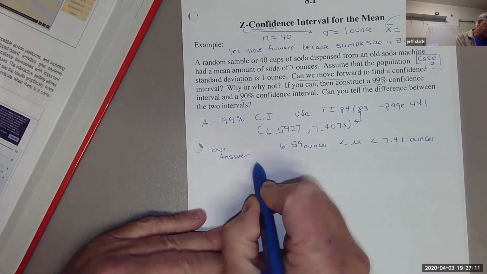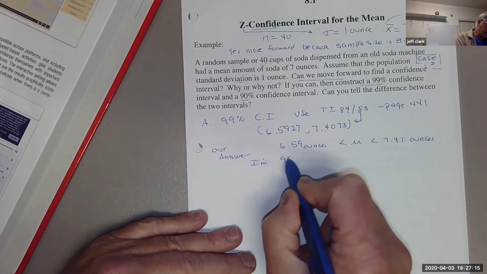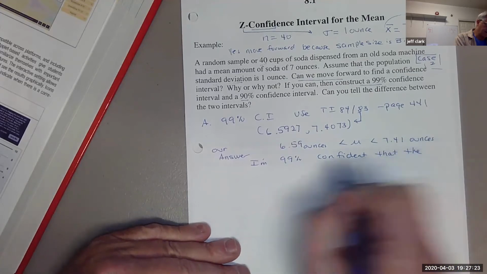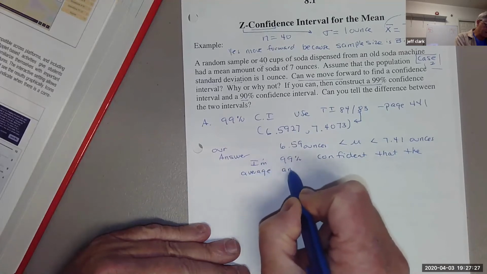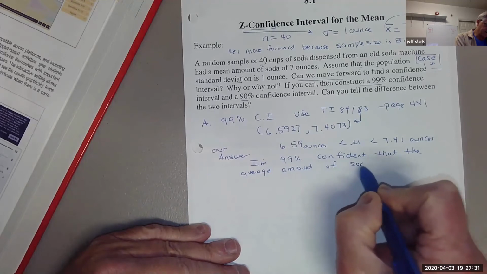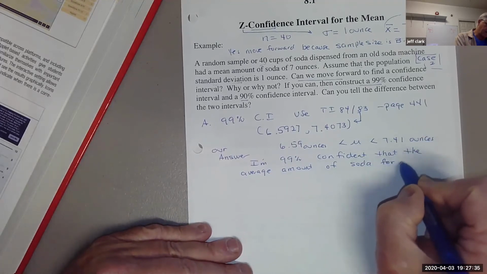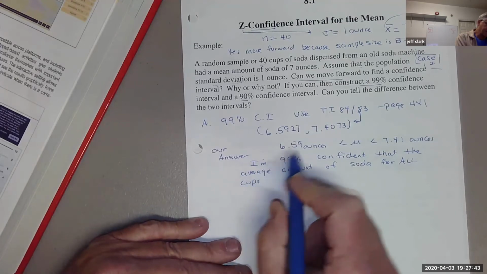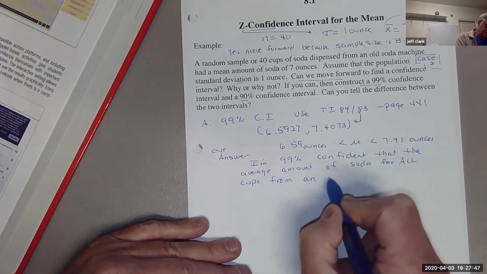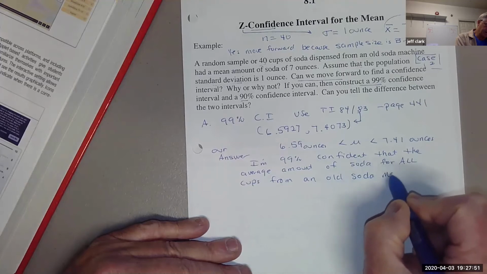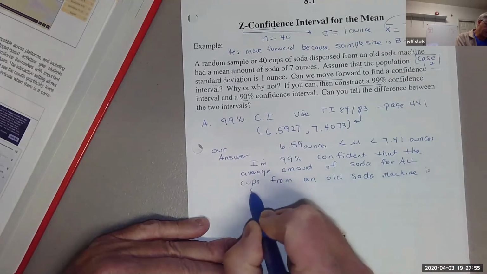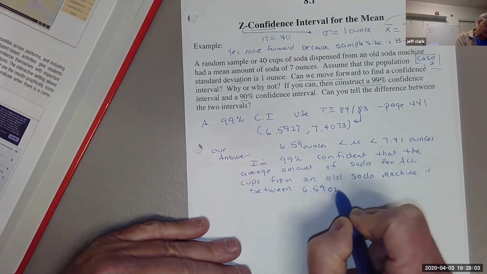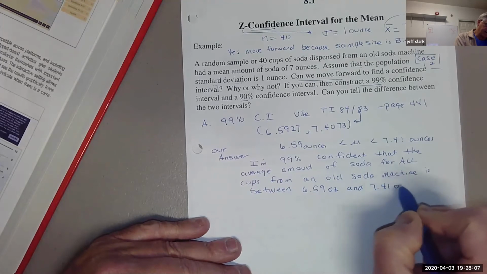And so you'd have a statement that's something like, I'm 99% confident that the average amount of soda for all, because that's what mu is, cups from an old soda machine is between the 6.59 ounces and 7.41 ounces.